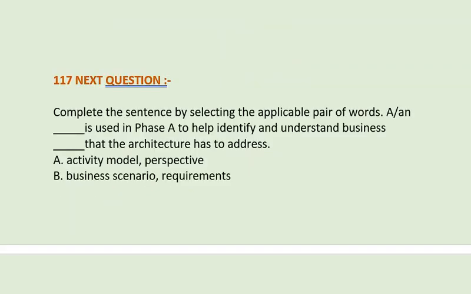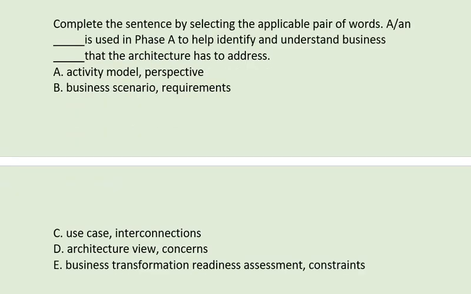Question is, complete the sentence by selecting the appropriate pair of words. A blank is used in phase 1 to help identify and understand business blank that the architecture has to address. Option A, activity model and perspective.